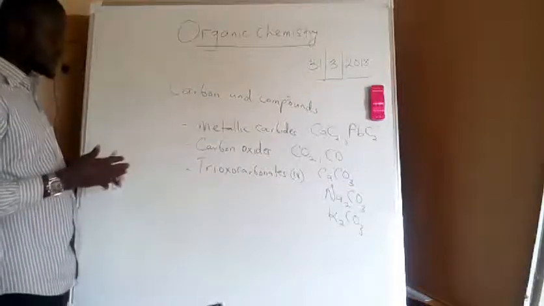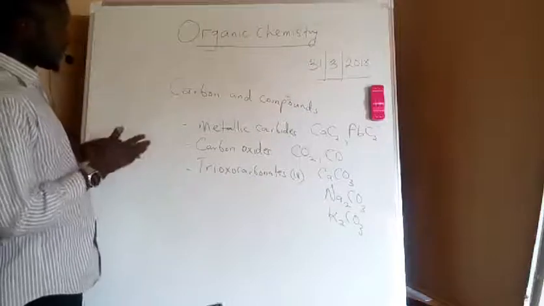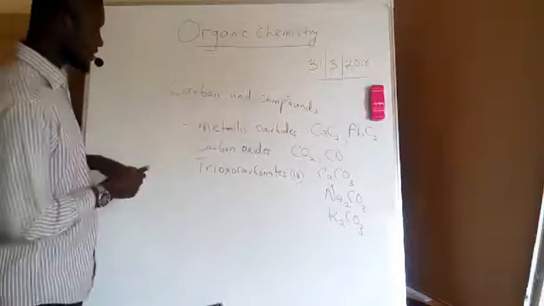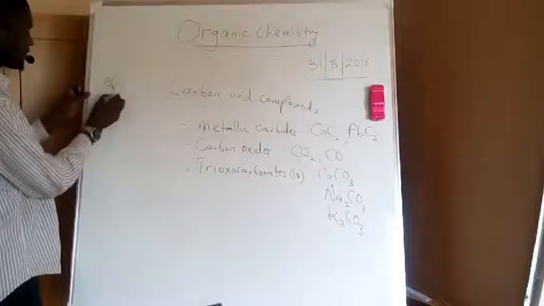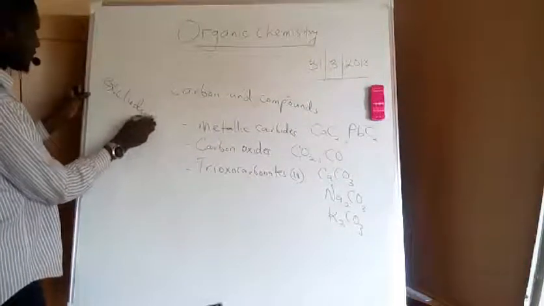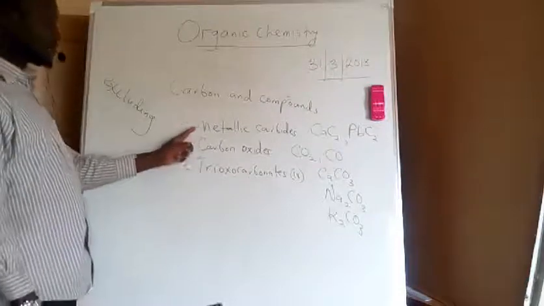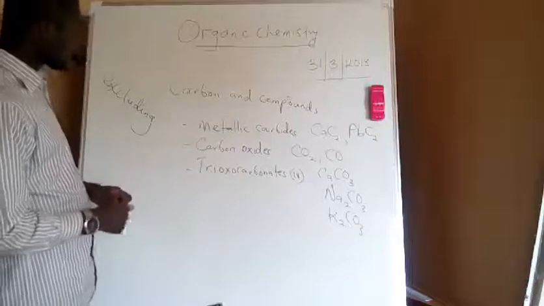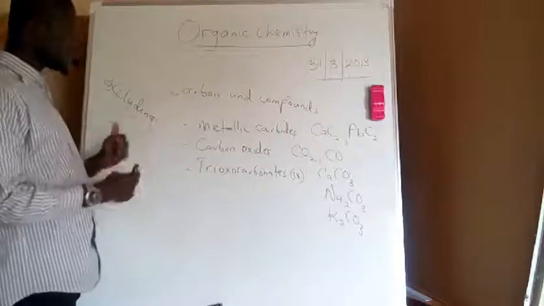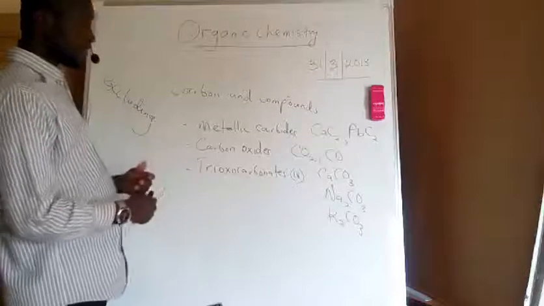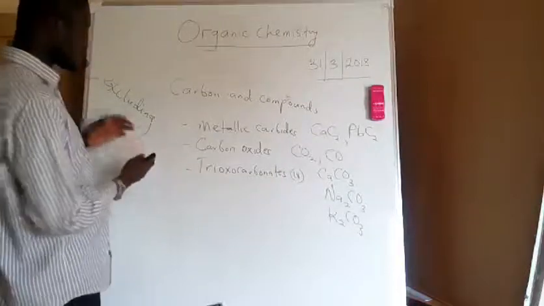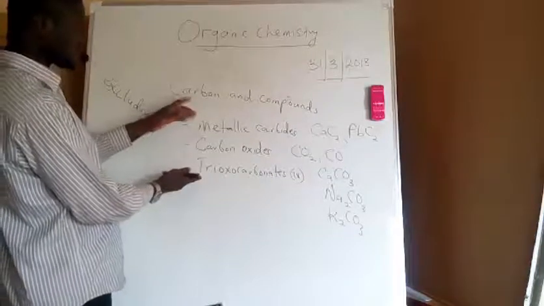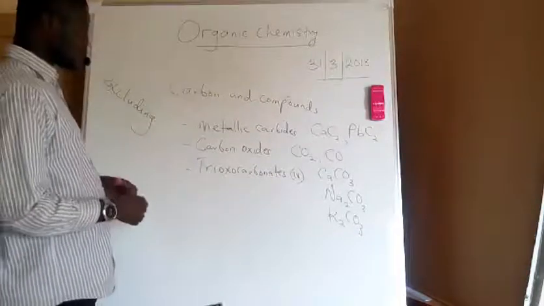So what this man said was that organic chemistry is the chemistry of carbon and its compounds, excluding metallic carbides, carbon oxides, and trioxocarbonates(IV). This means that he still repeated the definition given initially, but he now excluded these three classes of compounds that were discovered that were not organic compounds.